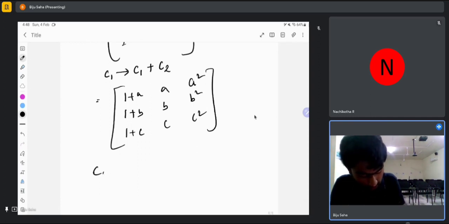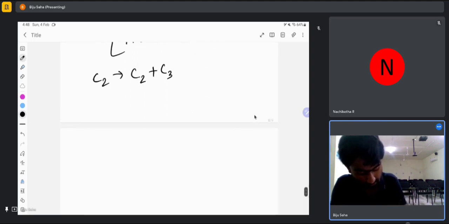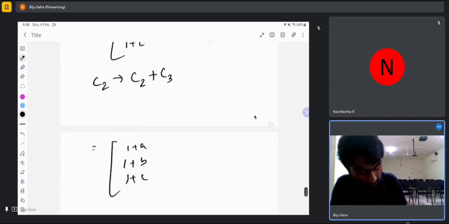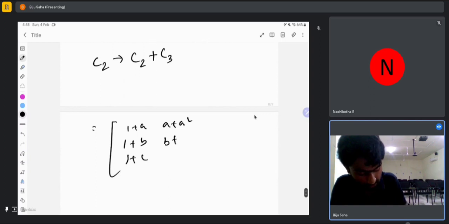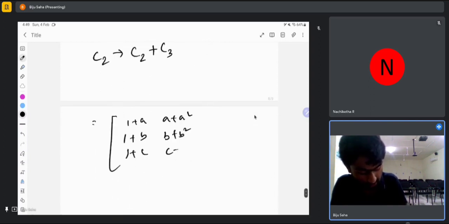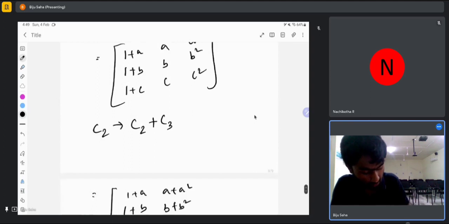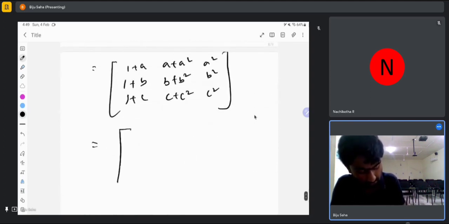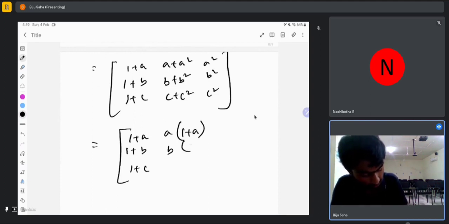Then I can go as follows: C2 goes to C2 plus C3. Yeah. a plus a square, b plus b square, and c plus c square. a square, b square, c square. So I can take a common factor from this second column.